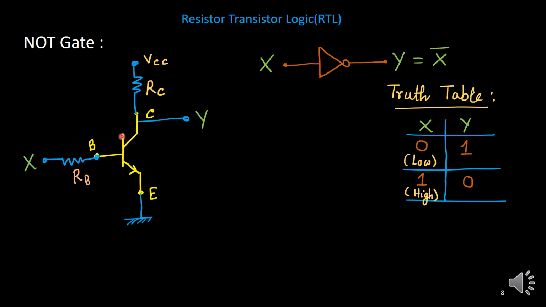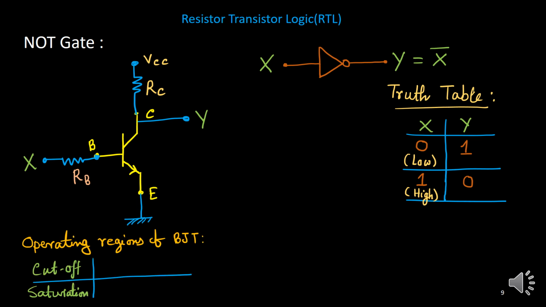It has four operating regions, as you know, and out of these four, in digital logic design we will use only two: cutoff and saturation. The other two, forward active and reverse active, are used for amplifiers, not for designing gates. Remember that the transistor should be in either the cutoff or saturation region to design logic gates.